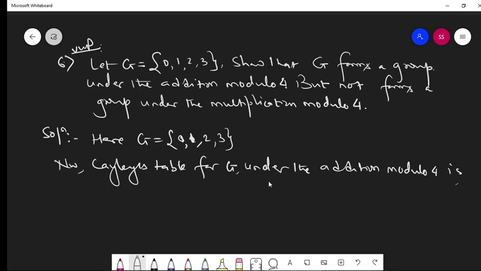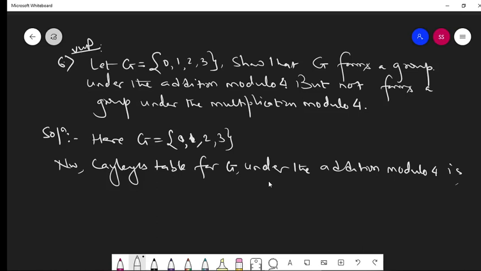Plus 4, 0, 1, 2 and 3. Here also 0, 1, 2 and 3.